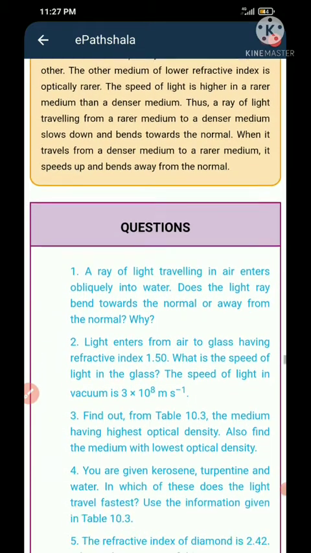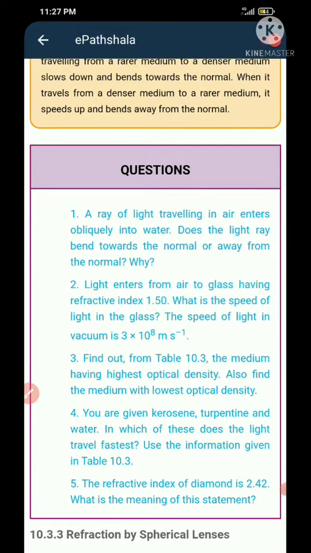So this is the question. A ray of light traveling in air enters obliquely into water. Does the light ray bend towards the normal or away from the normal? When it goes from air to water, it goes into a denser medium, so it bends towards the normal. Second, light enters from air to glass having refractive index 1.50. What is the speed of light in the glass?